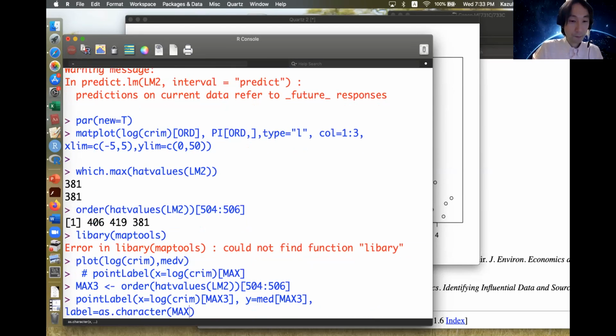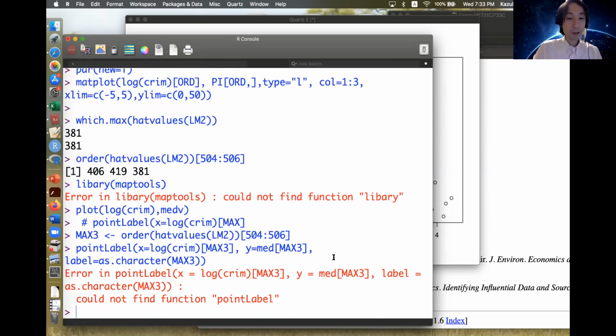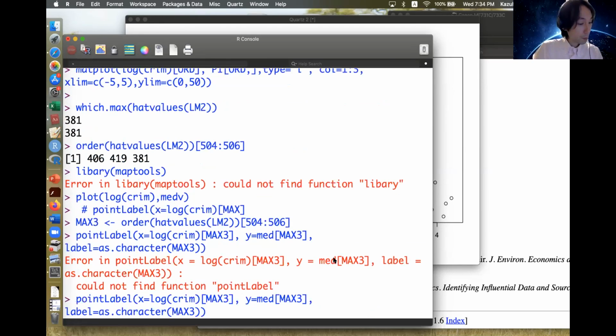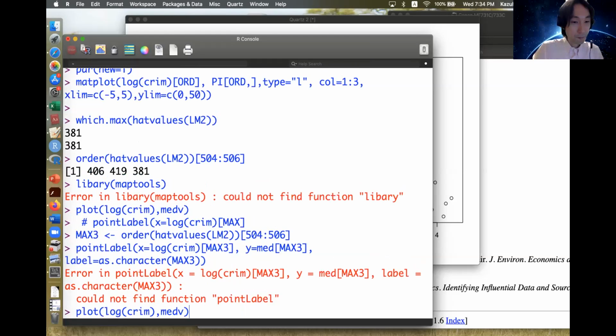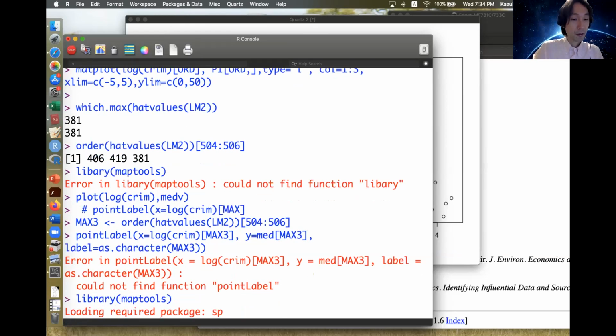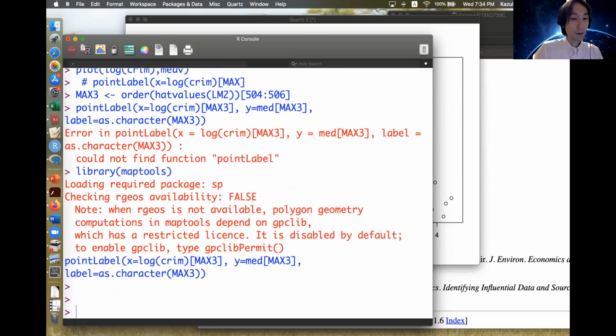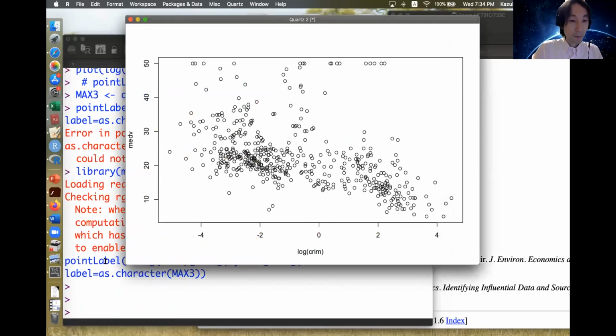Then we can see where it is. And to put the labels, we should use the point label function. It is not found because probably the library is not loaded. Oh, okay. So R is missing, that's why. Library, point label.